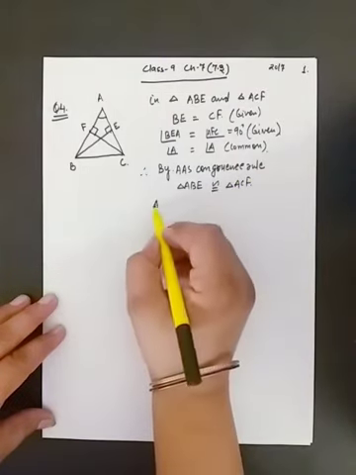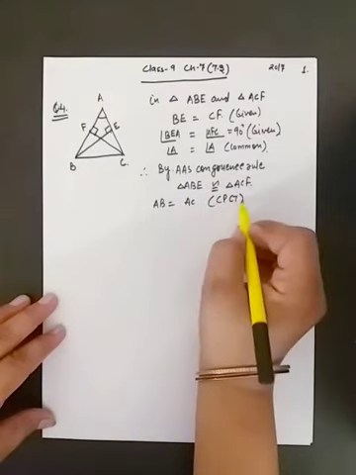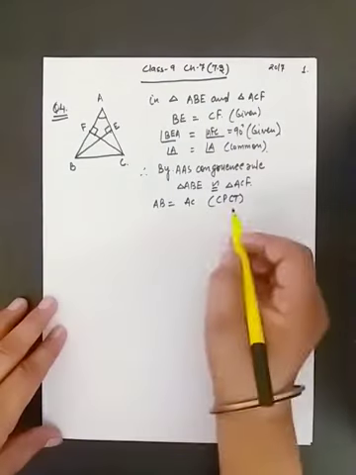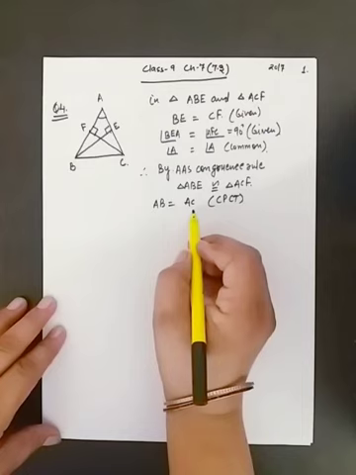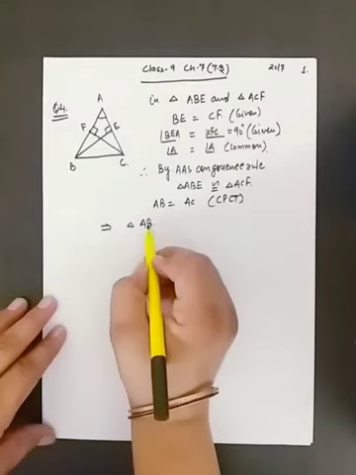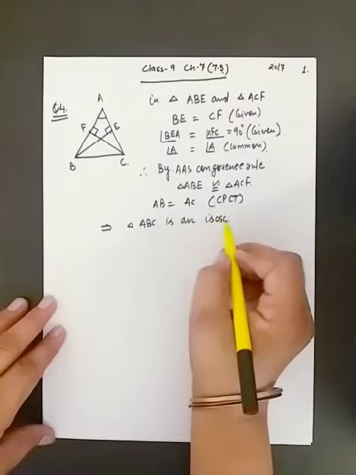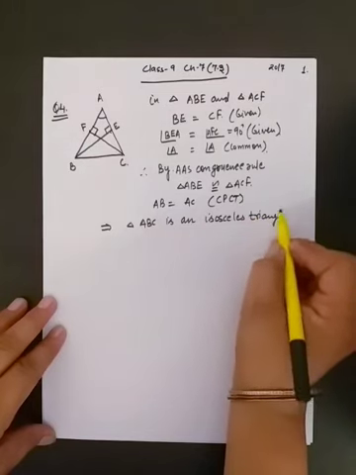Now we get AB is equal to AC by CPCT, because these are corresponding parts of two congruent triangles. And when the sides of triangle ABC are equal, this gives triangle ABC is an isosceles triangle. Hence proved.